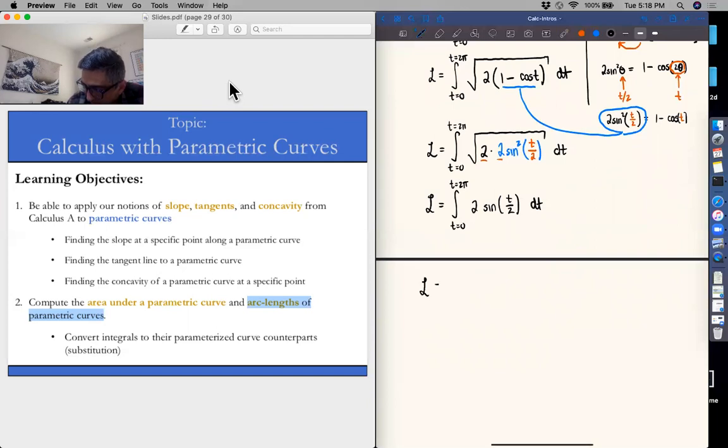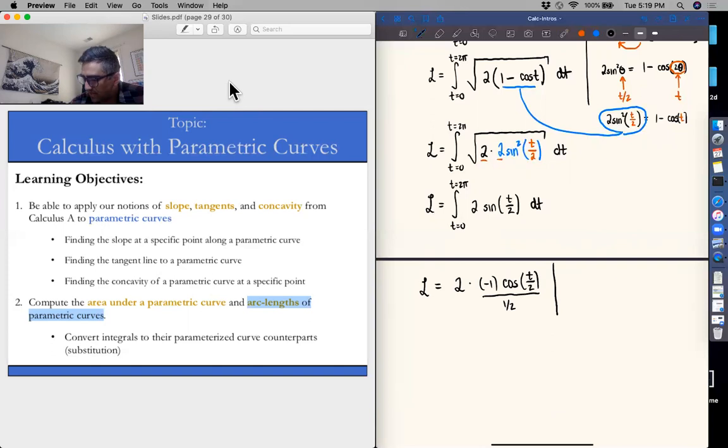So going ahead and computing this, we have that factor of 2 out in front of the integrand's antiderivative. We have a positive sine, so we need a negative cosine coming from the antiderivative, and we need that divided by a 1/2 coming from the chain rule. So we have a 2 times a minus 1 coming from the antiderivative of sine going into negative cosine of t over 2, divided by a factor of 1/2.